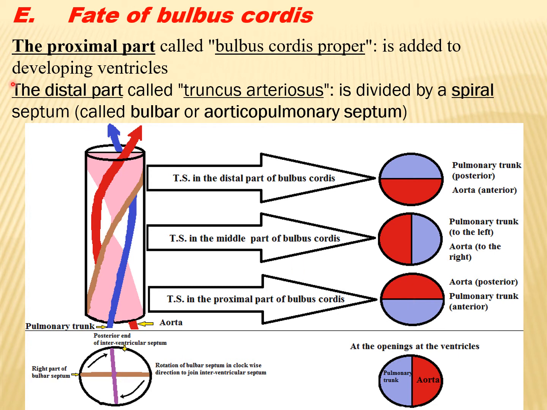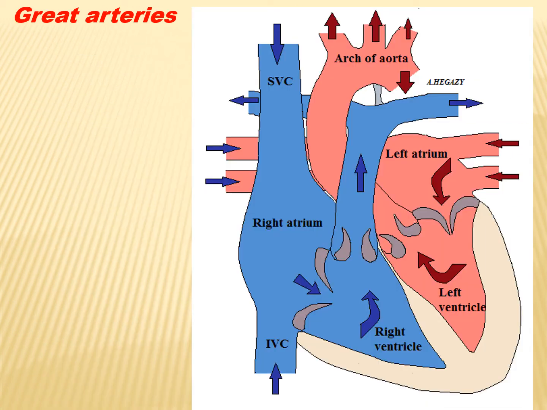You just mention the relation, not how the septum passes, but you should mention this anatomical relation to show your understanding of the spiral relation of the aorta and pulmonary trunk. This is the spiral relation of the aorta and the pulmonary trunk.